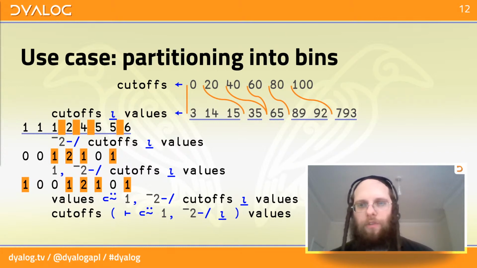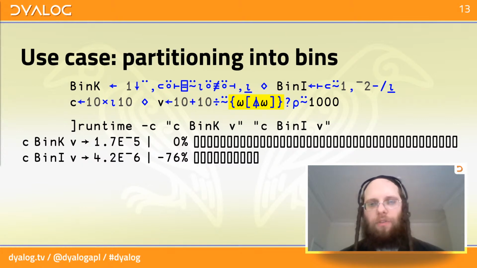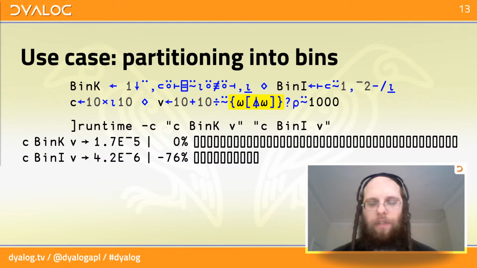Traditionally, you might have gone with using the key operator for doing such a thing as this. But there are several issues with that. One is that you have to mangle the results and the data a little bit, because key doesn't know what the full set of possible values are. So you have to insert in order one of each, which are the indices of the count of things, and then there are the edges.